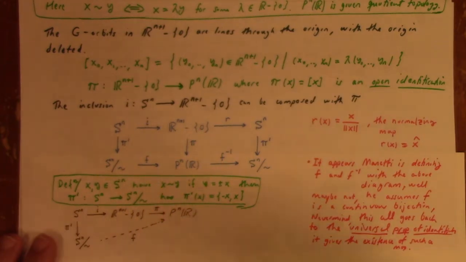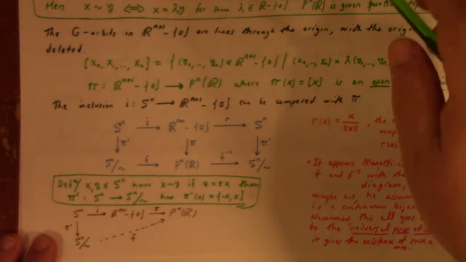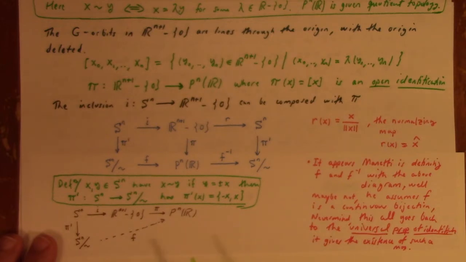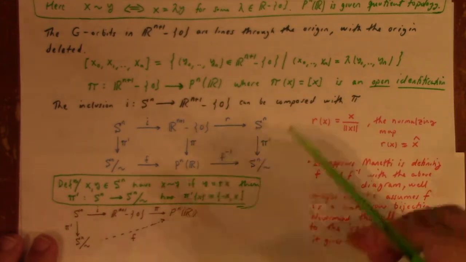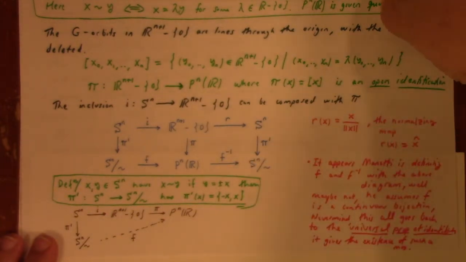So I don't want to get into all that because my mind's not quite clear on it, but I'm pretty sure that's all there is there. And to prove the continuity of f easily, you just have to make use of the theorems about the continuity of the quotient map and the continuity properties of the identifications and all that, all right?